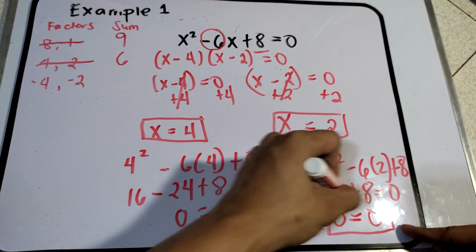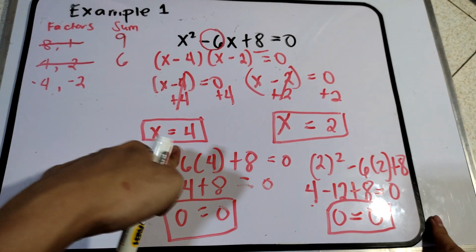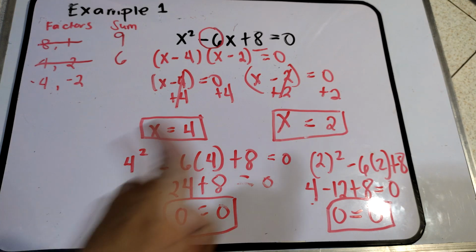Meaning to say, yung ginamit natin na x is equals to 4 and x is equals to 2 ay tama. So, ganun lang yung pag-solve ng quadratic equation by factoring.